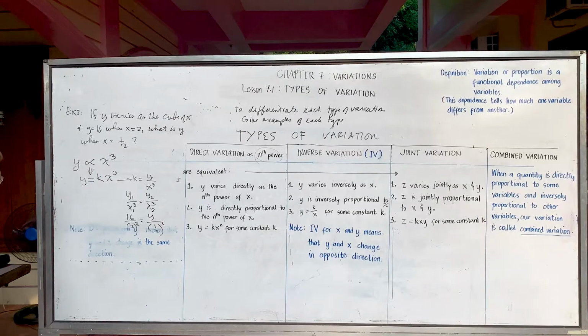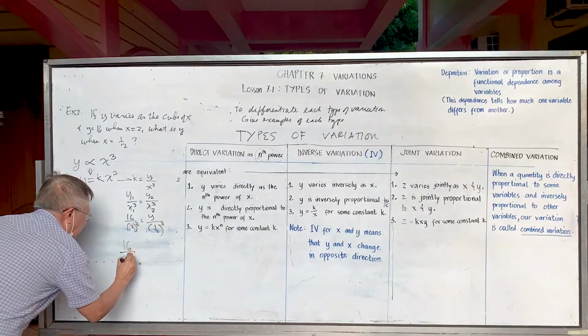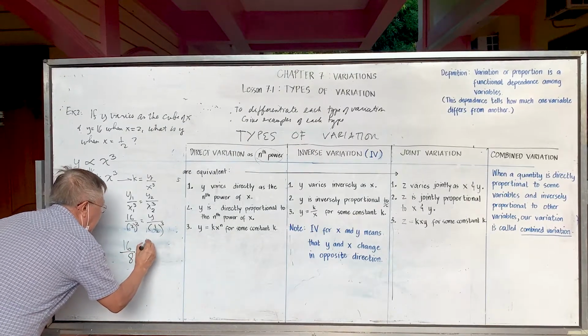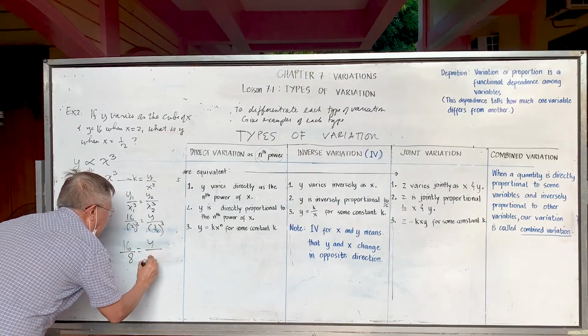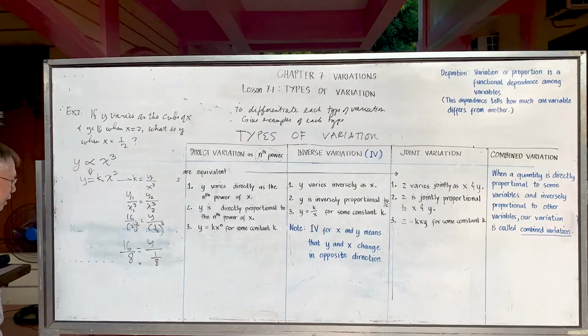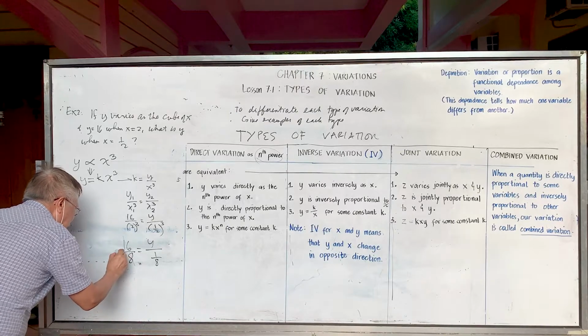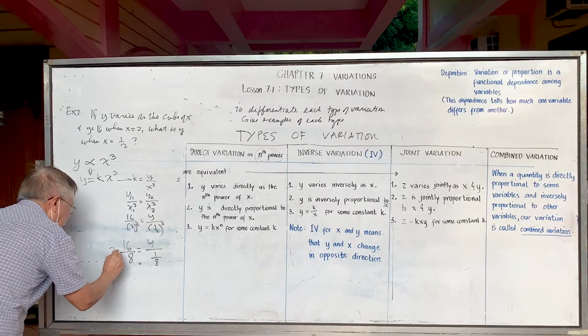Okay. Simplifying this, 16 over 2 cubed is 8. And then I will get here y over 1 over 8. Okay. You can have this cancelled, and I have here 16 over 8 is 2.